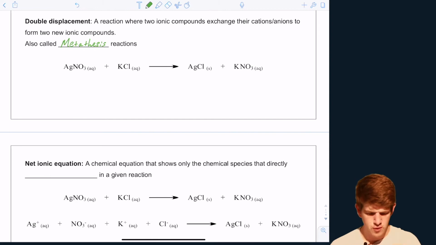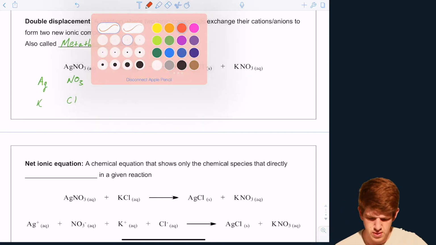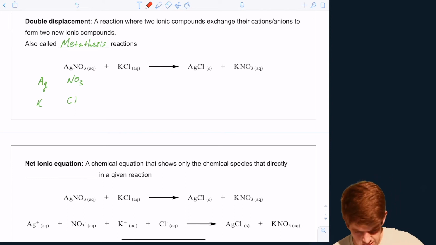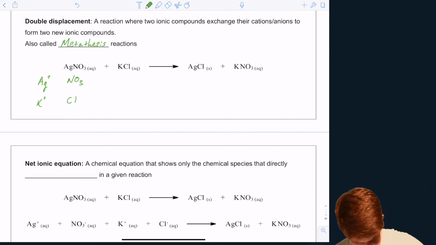For this, we said that they're going to exchange their cations and their anions. So I have two compounds here, AgNO3 and KCl. If I just write out Ag and NO3 and then KCl, all that's going to happen is I'm going to trade the partners. Here are my two cations, here are my two anions.